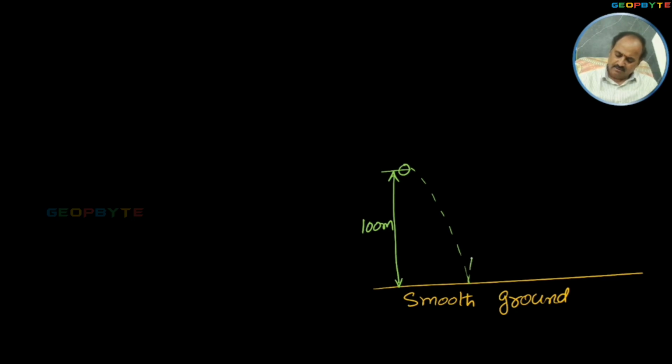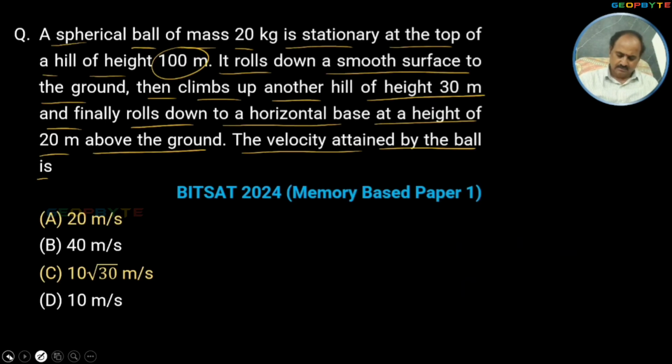Then it climbs another hill of height 30 meters. Then it reaches the ground. Finally, it climbs another hill, and finally reaches a base whose height is given as 20 meters. Is it correct? So 100 meters, 30 meters, finally it reaches 20. Yes, absolutely correct.